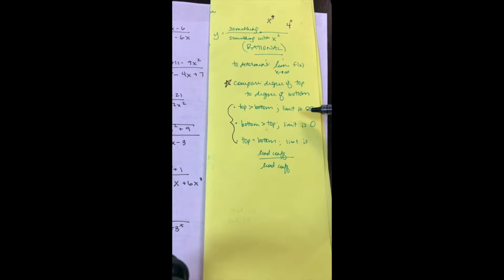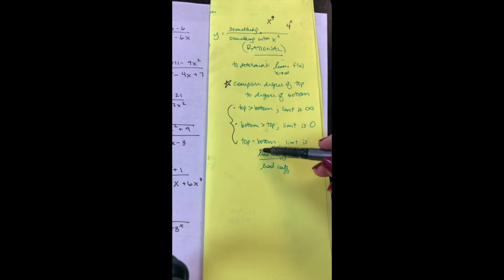If the degree of the top is bigger than the degree of the bottom, and you're assessing the limit as we go to infinity, that limit is infinity. It means we're going to go up forever and ever. If the degree of the bottom is bigger than the degree of the top, the limit is 0. It's a rule. You memorize it.